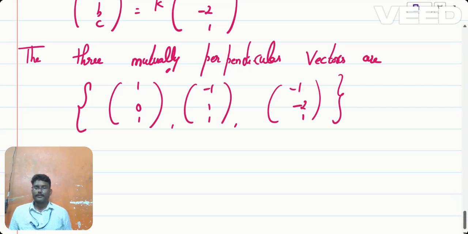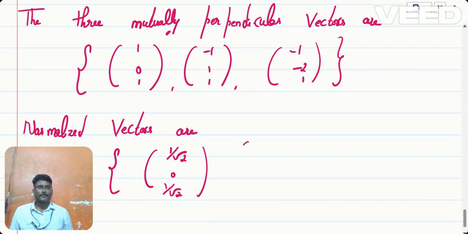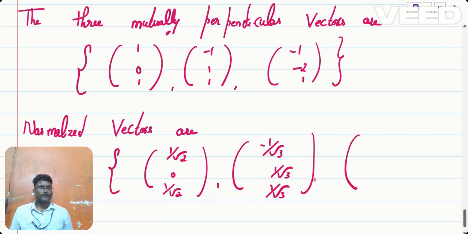Normalized vectors are 1 by root 2, 0, 1 by root 2; minus 1 by root 3, 1 by root 3, 1 by root 3; minus 1 by root 6, minus 2 by root 6, 1 by root 6.